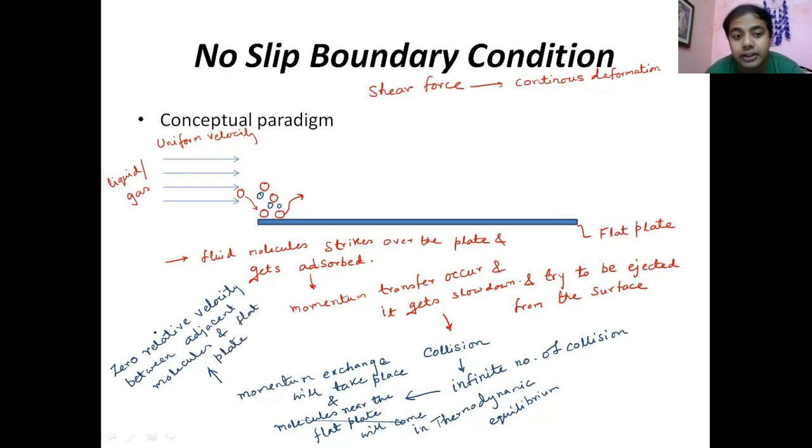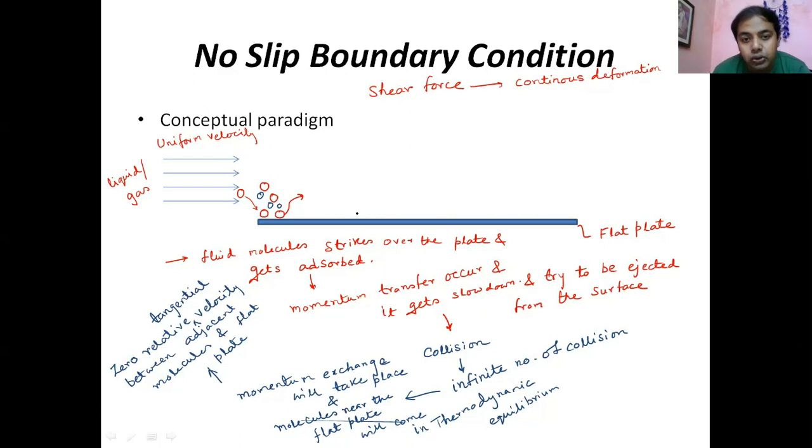More specifically, if you are talking about zero relative tangential velocity, your tangential velocity. So zero relative tangential velocity between adjacent molecules and flat plate.